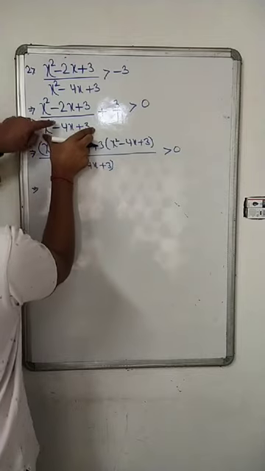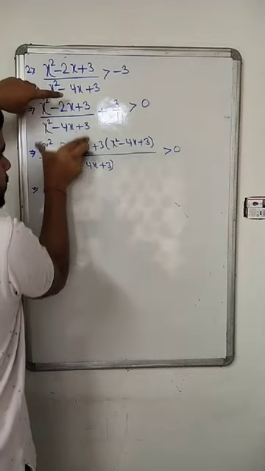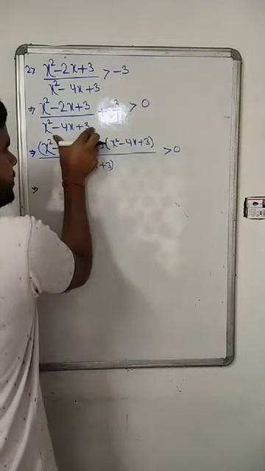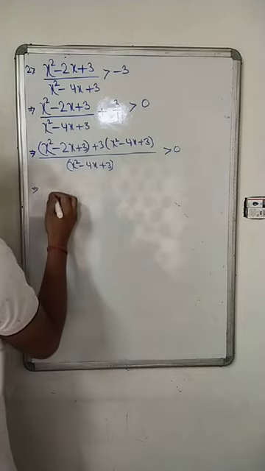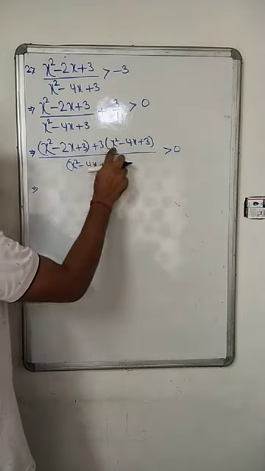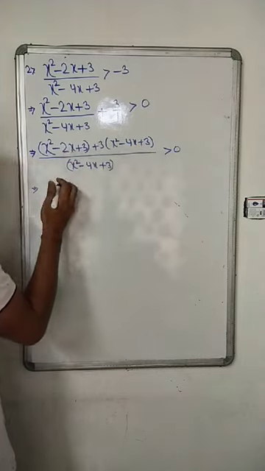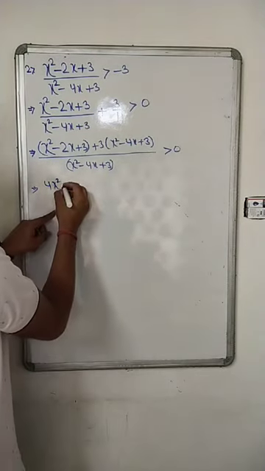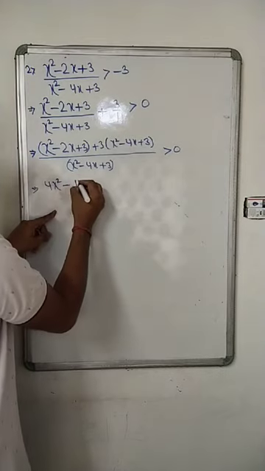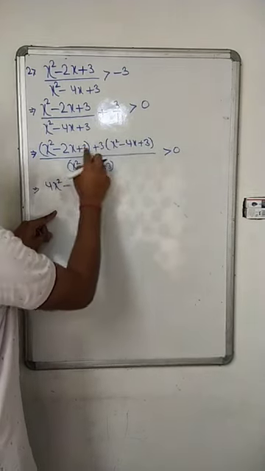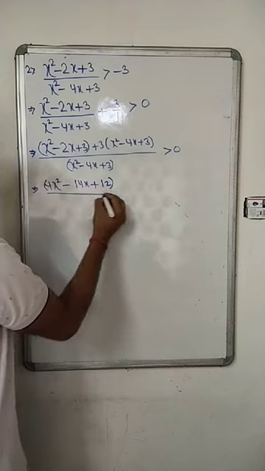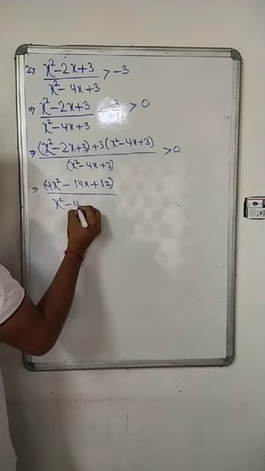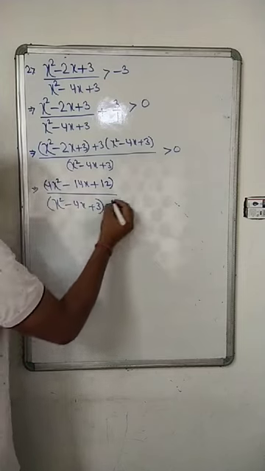So this into 3, 1 into this expression by the denominator. LCM will be x square minus 4x plus 3. So after you multiply and simplify this expression, you will get 4x square, clear, minus 14x plus 12 divided by x square minus 4x plus 3 greater than 0.